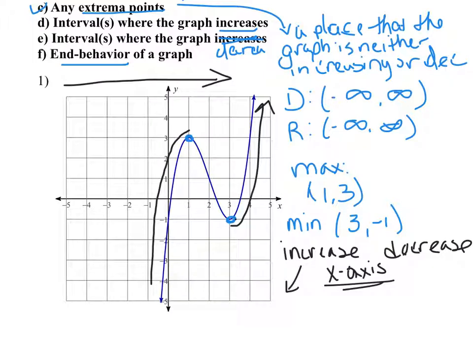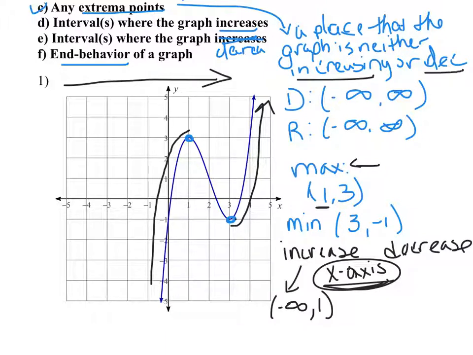When we're talking increasing, we always take our values from the x-axis. So pretend the y-axis doesn't exist and just do it. It goes from negative infinity to that extrema point, this max. Since the max x value is 1, it's going to go to there. But at that max, remember, the max is neither increasing nor decreasing, so it cannot be included, so we have to use a parenthesis here.